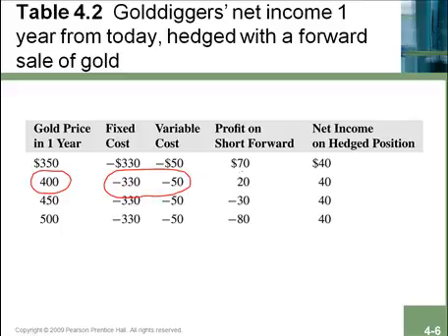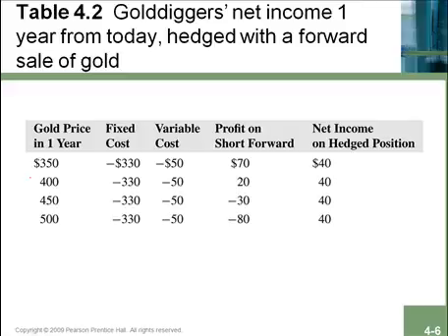The difference between 420 and 400 then is of course just $20, and then the unhedged profit of $20 added to that gives us $40. Now, sometimes a hedge will work out very well and sometimes it won't. Sometimes a year from now you'll be glad that you engaged in that risk management strategy, and other times you won't. In this case, it didn't make too much difference.